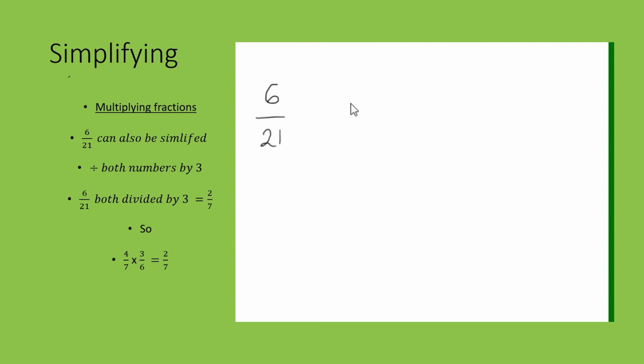Okay, so a factor of 6 is 3, and a factor of 21 is also 3. So what we can do here is we can divide both by 3. Remember, what you do to the top, you do to the bottom. And then we will get a simplified answer of 2/7.